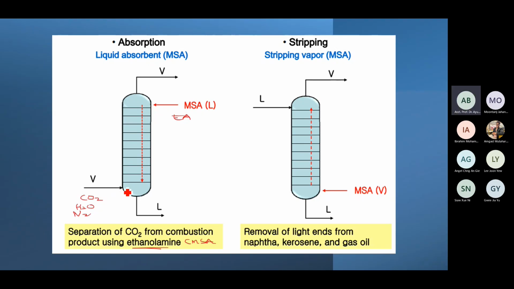The feed enters the absorption unit in vapor phase, gas phase. Then MSA enters as liquid phase, the EA. So the EA will absorb the CO2. So the liquid here will be EA plus CO2.